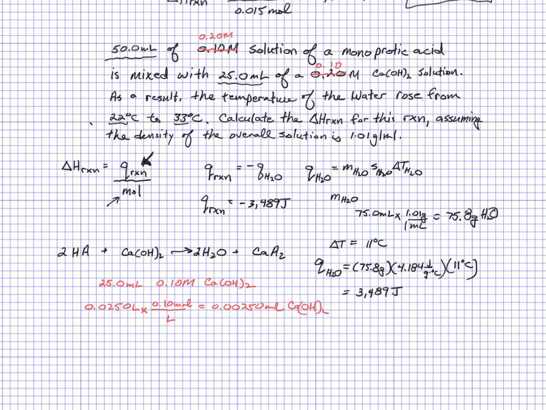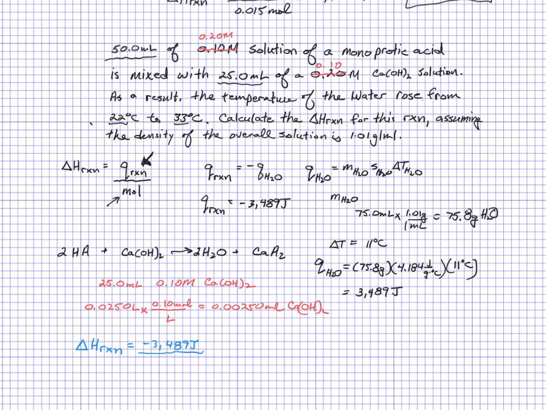So now to calculate the enthalpy of the reaction, we take the amount of heat that was released, which was the negative 3,489 joules, and we divide that by the number of moles of reaction.